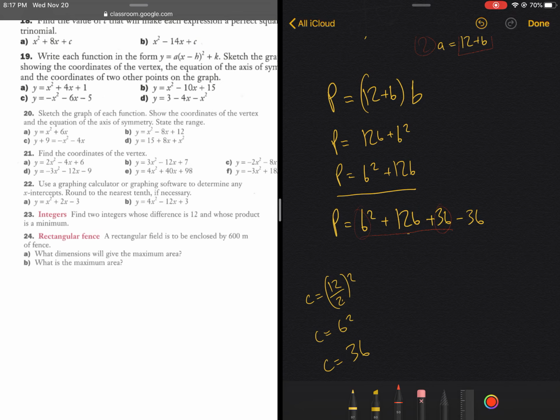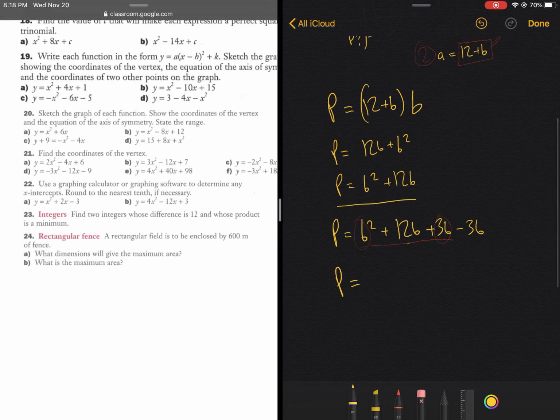We already know that; we didn't have to check, we built it that way. So what does that mean? Let me erase this. That means P equals B plus 6 squared minus 36.